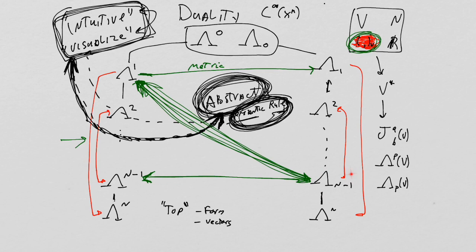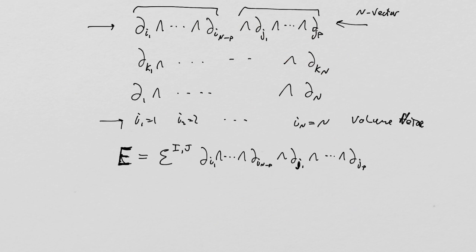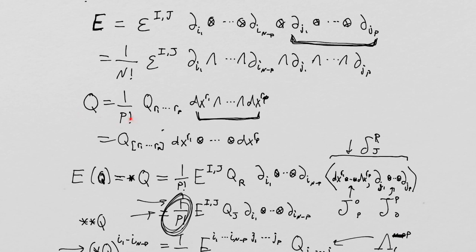Q lives in here, the dual of Q lives in here. Alternatively, Q could live here, and the dual of Q would live here. Or Q could live here, and the dual of Q would live in lambda n minus 2, or the n minus 2th exterior power of the vector space. So we're looking for this dual of Q.